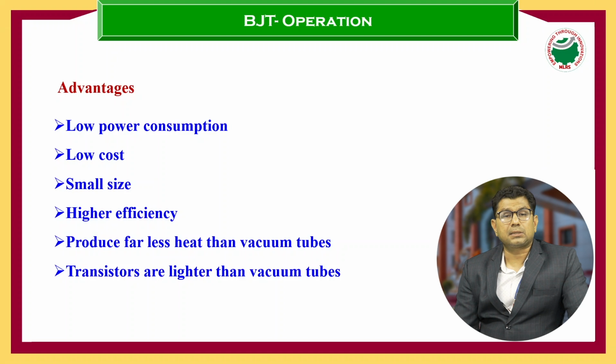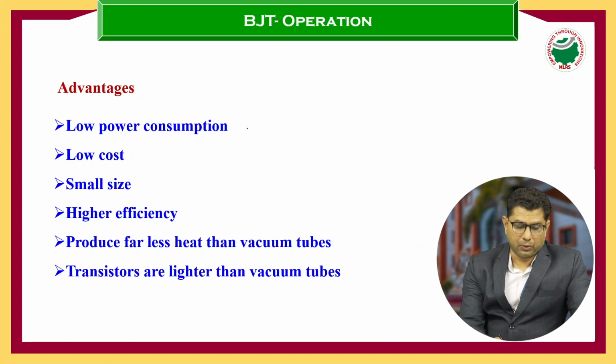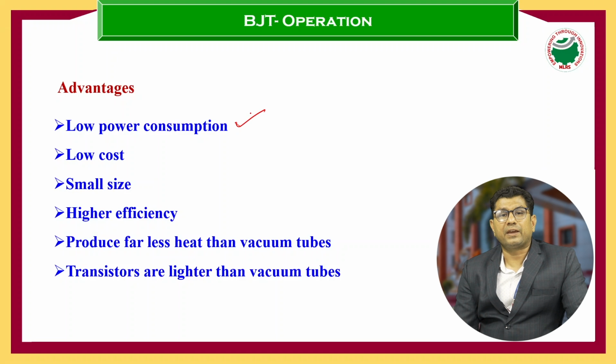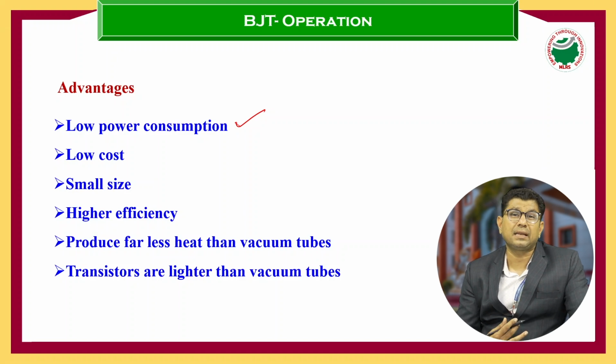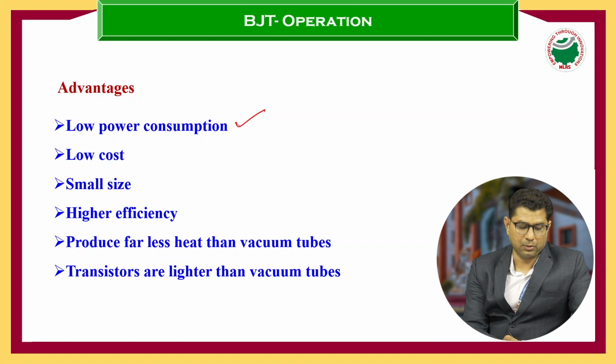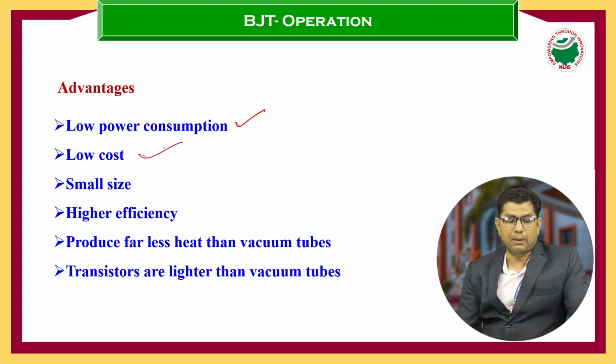Consider the transistor: its size is small, so the power consumption is low. The transistor is made up of diodes, and the diodes are based on silicon. Silicon is available from sand, whose cost is very low. That's why these can be developed at low cost, with small size and higher efficiency.